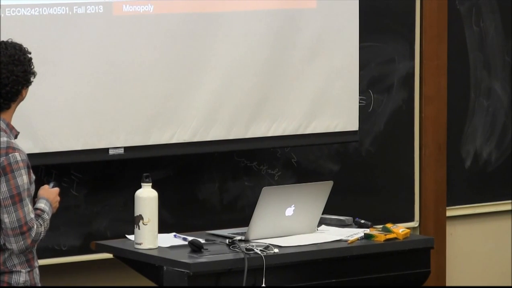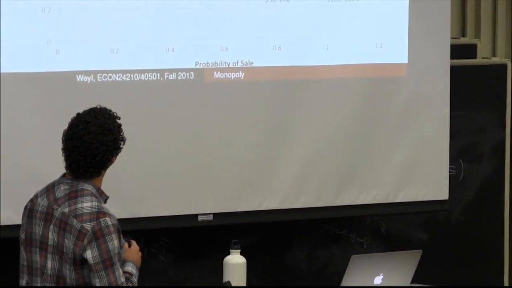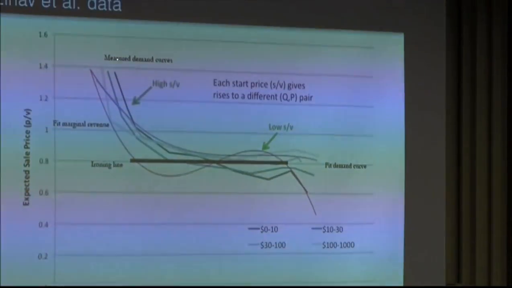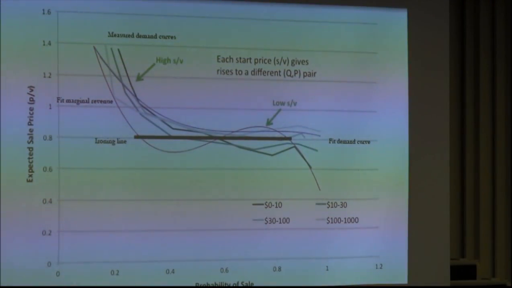And you see this nice negative relationship. But one thing you'll notice is that these are very, very convex, right? They're like sort of nice up here, and then they get really, really flat down here.